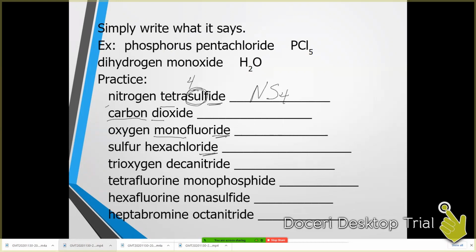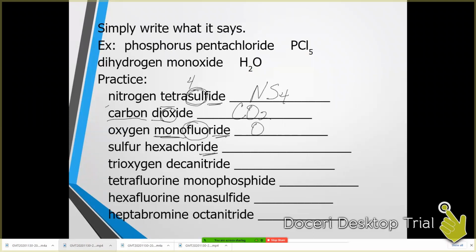So carbon, no prefix, so that would just be C. Dioxide, ox would be the root for oxygen, and di would mean 2. Once again, carbon with no prefix would be 1. And then fluor would be fluorine.